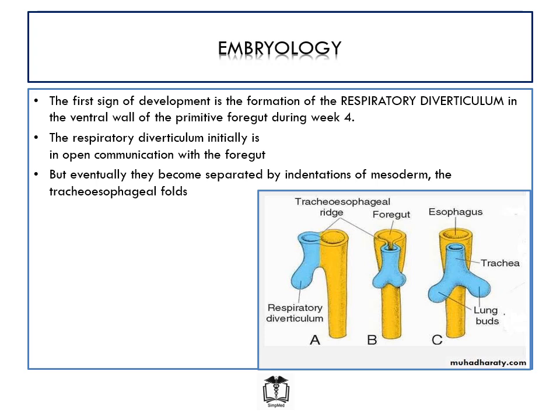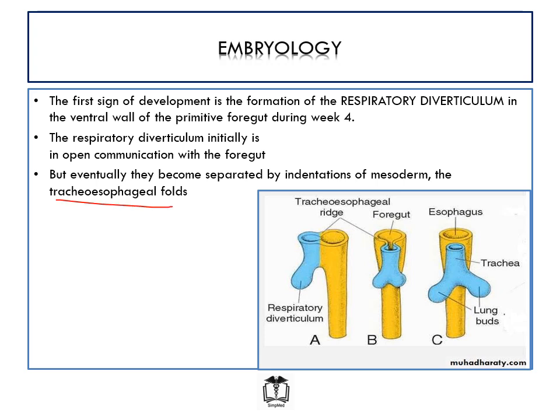So if you notice, initially the respiratory diverticulum and the foregut are in direct and open communication. But eventually, with time, we start to see an indentation of the mesoderm between the respiratory diverticulum and the foregut, and that indentation tends to give rise to what we call the tracheoesophageal fold.